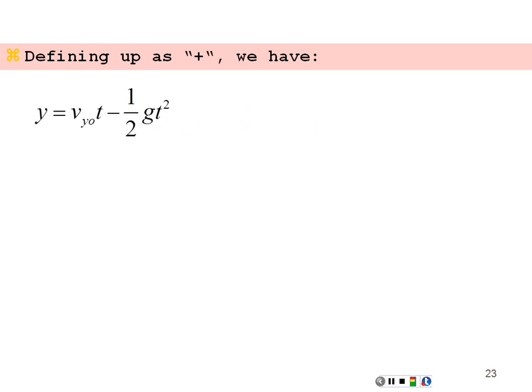Defining up as positive, our displacement, delta y, I should have a delta there, is equal to our initial velocity times time, plus 1/2 acceleration times time squared, but acceleration will be a negative g in this case. So we're going to have 16 times 3 seconds, minus 1/2, 9.8 times 3 seconds squared.